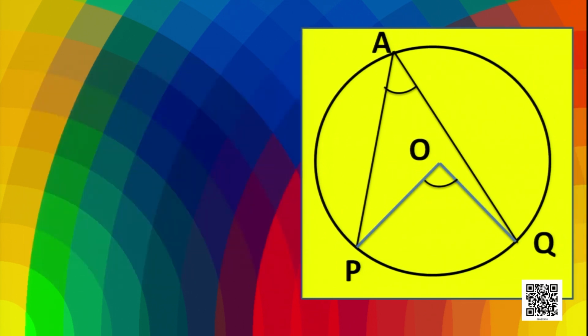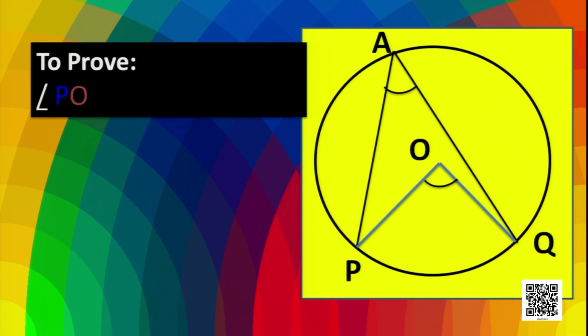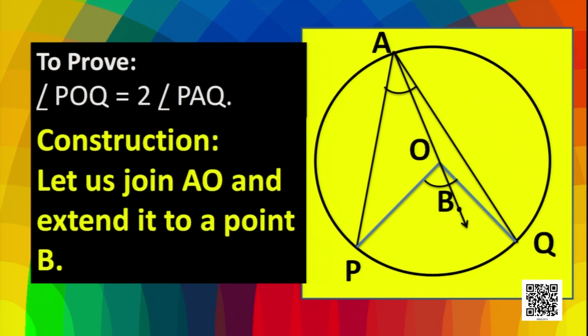Now what to prove? We have to show that angle POQ is twice the angle PAQ. Now to prove this, we need a construction. What is the construction here? Let's join AO and extend it to a point B.